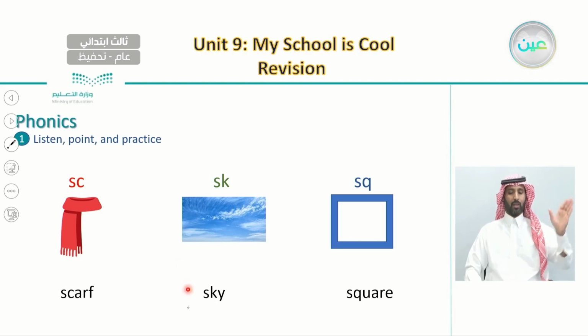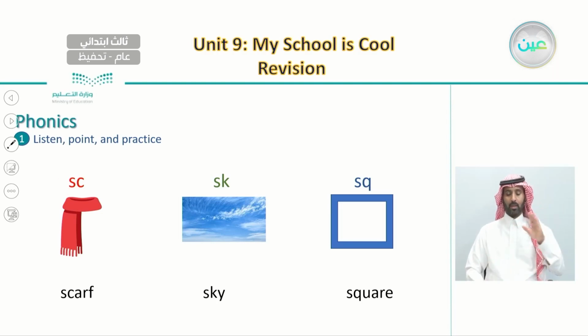And then we have sky. Sky. And here we have square. Square. Very good. So these three words will help us understand and differentiate the sounds of all of these letters.